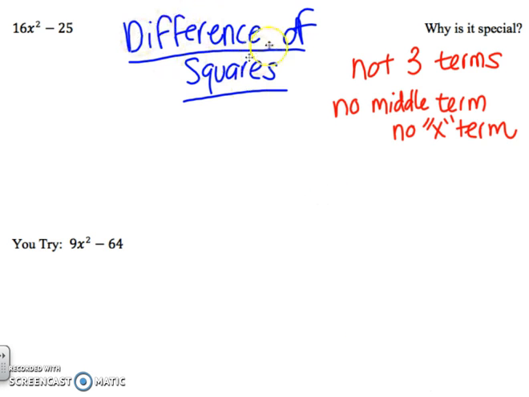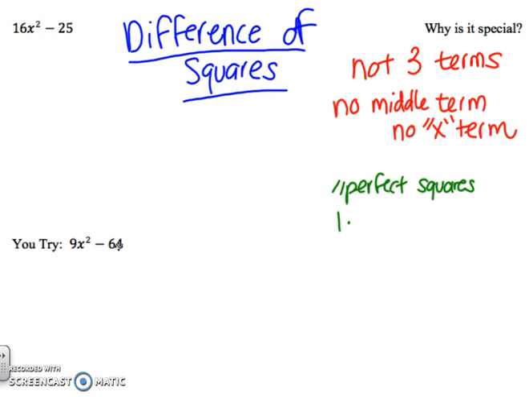So notice it's named difference because there is a subtraction sign. There will always be a subtraction sign for this to happen. It's called square not because of this squared up here. We need to look at 16, 25, 9, and 64. Now, hopefully you remember your perfect squares.